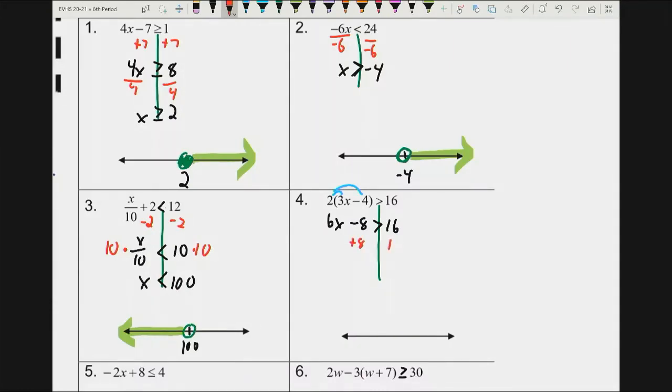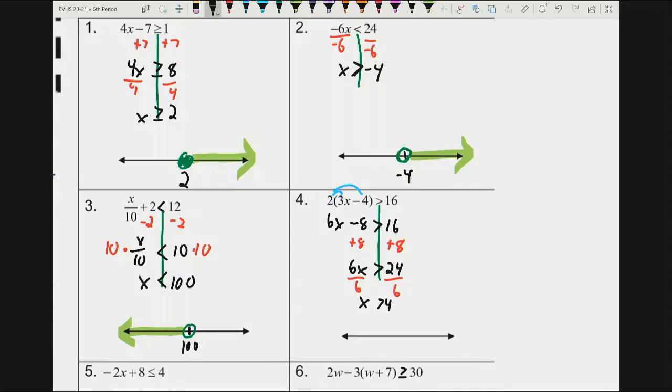Now we're going to add our 8. Gives me 6x is greater than 16 plus 8 is 24. And now divide by 6, and I get x is greater than 4.